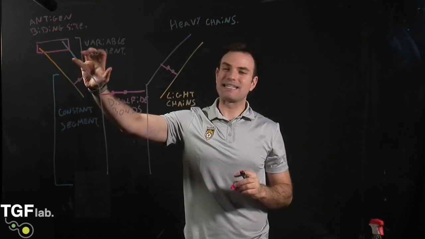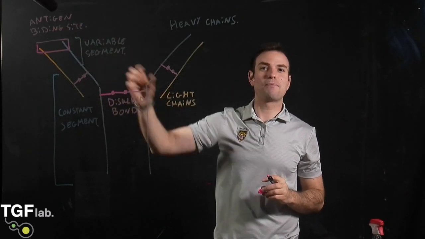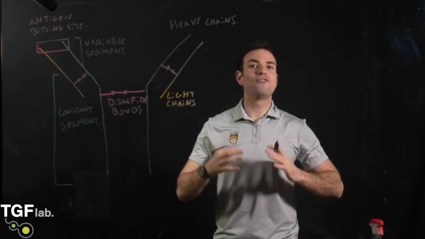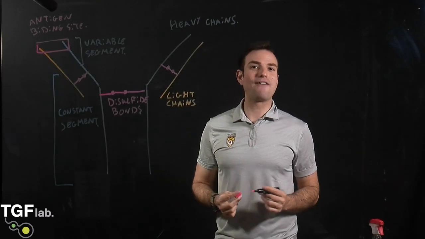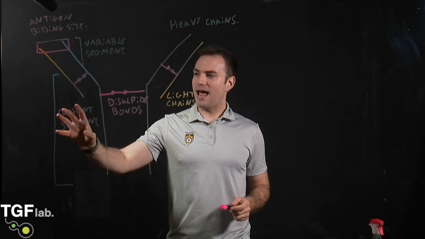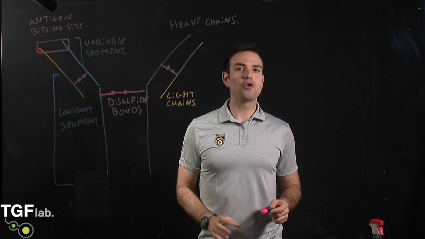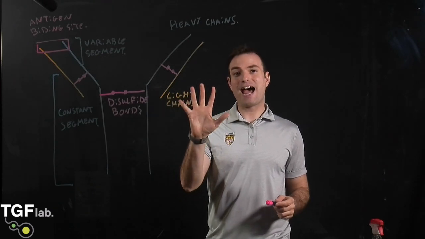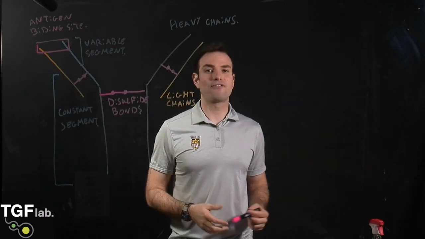And this antigen binding site is very specific and it changes depending on the different type of virus or the different type of bacteria that we have to defend ourselves from. So depending on the constant segment, we are going to look at different 5 types of antibodies that we have in our bodies.